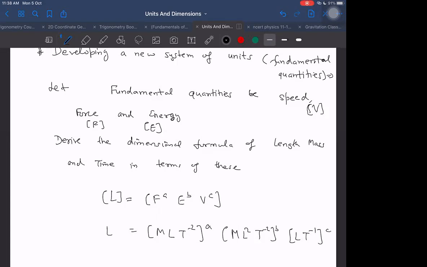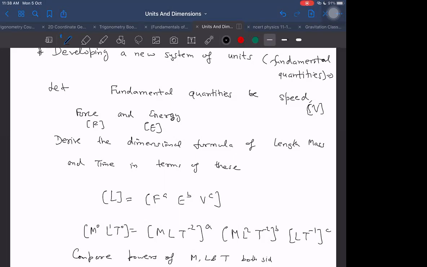See, this side is just L, the remaining are not there. I told you before, when it is not there, take it 0. Now compare the powers, or powers we call exponents. Compare the exponents of M, L, and T, both sides.